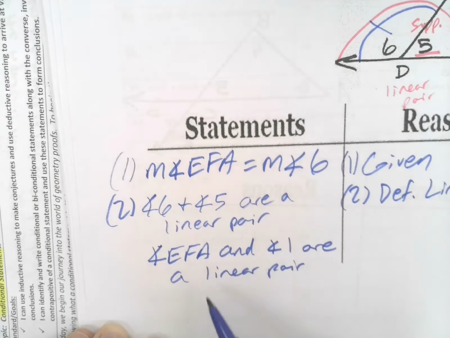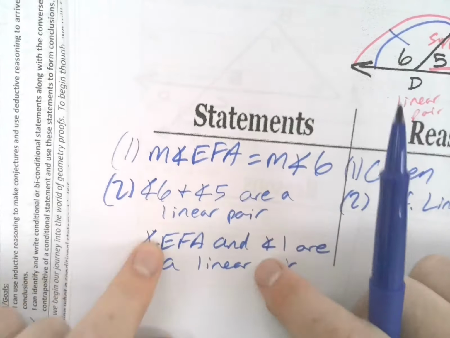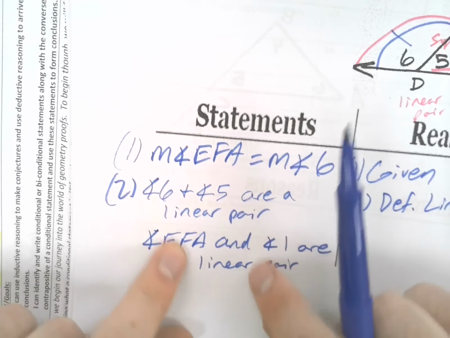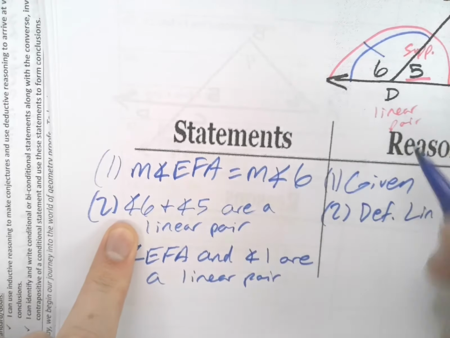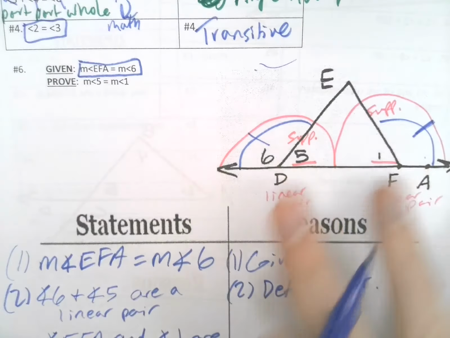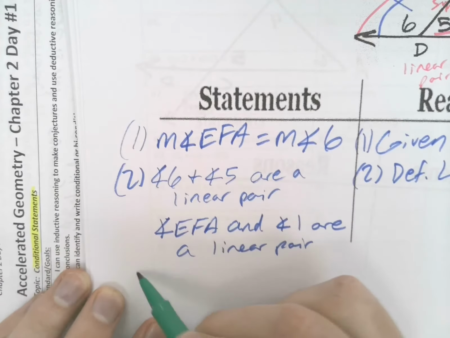Heck yeah. So we can go ahead and take care of both of these. So here's the thing. You don't need an additional step if you're knocking out 2 exact concepts just with 2 different setups or 2 different positions. 6 and 5, EFA and 1, both those are linear pairs. So we can go ahead and label that at the same time.